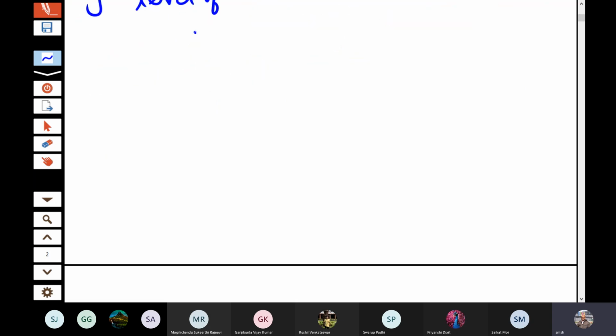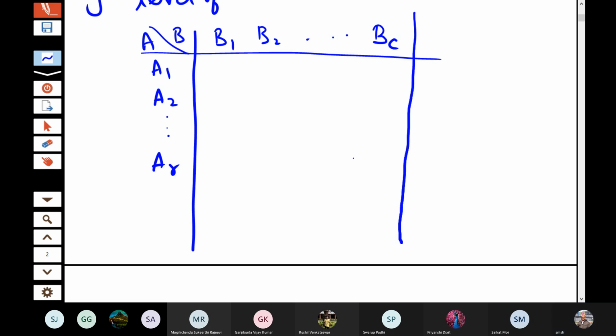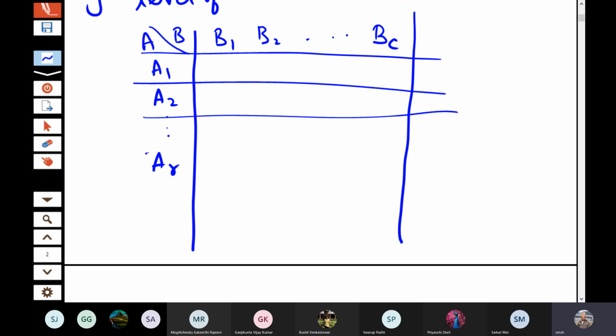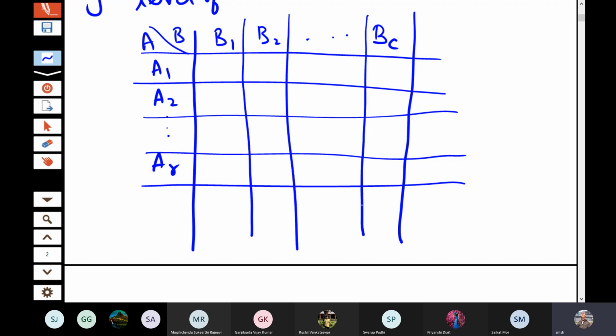Okay, so how we can write the data in the form of a table? We can put it like this. So we have levels A1, A2, AR, and on this side B1, B2, BC. Okay. So this observed frequency will be O11.